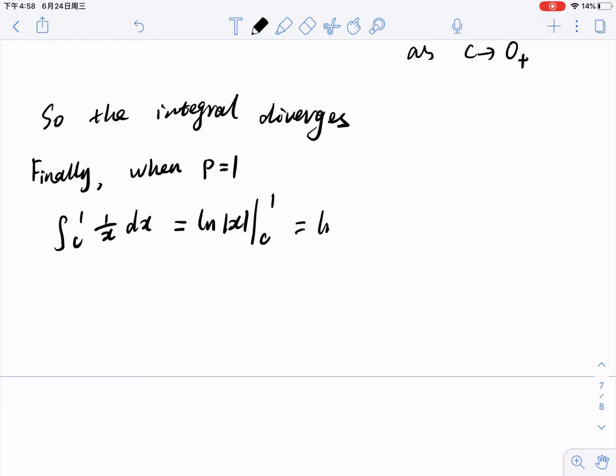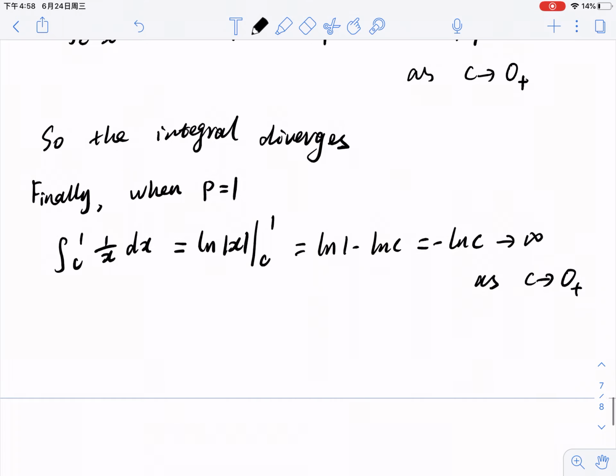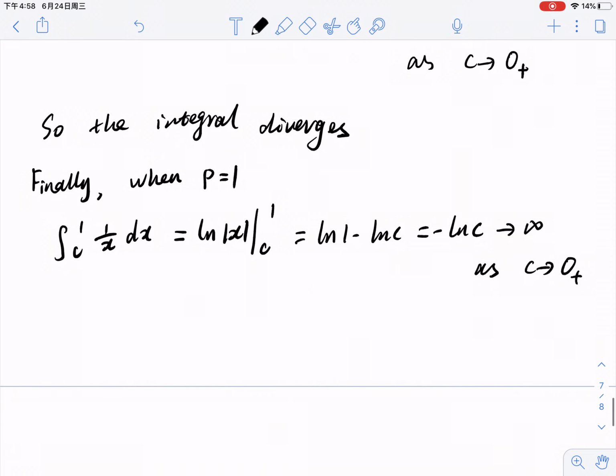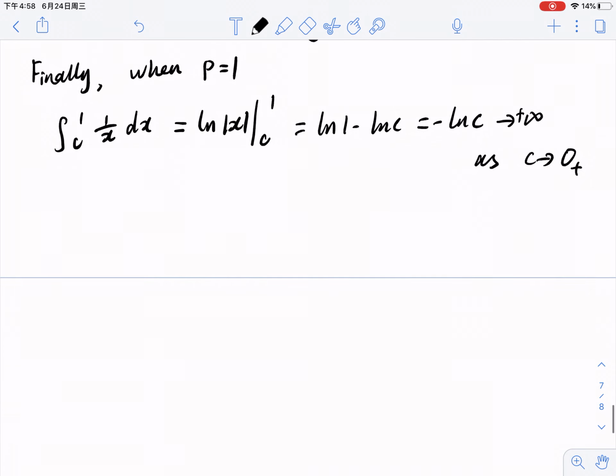So this is ln 1 minus ln c, which is negative ln c. This goes to positive infinity as c goes to 0 from the right. So we have that the integral of 1 over x from 0 to 1 diverges.